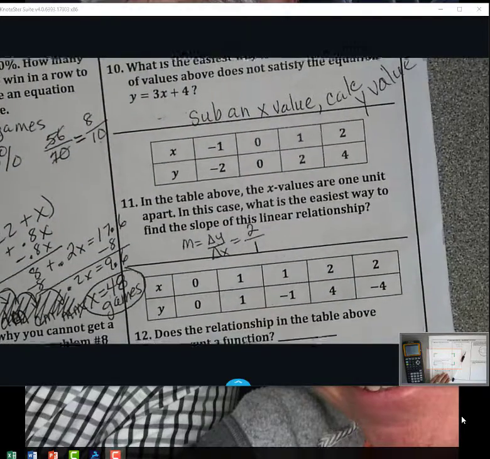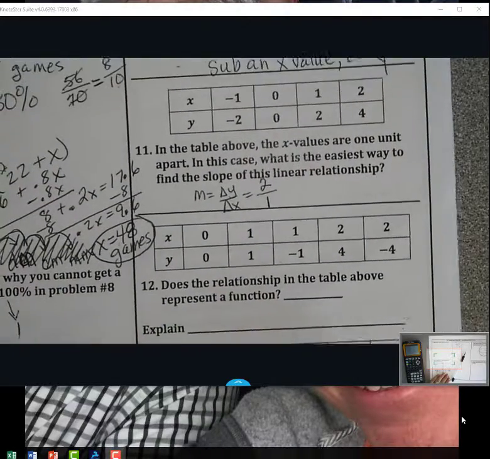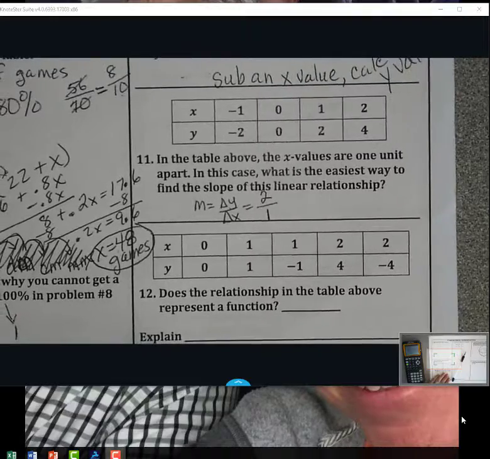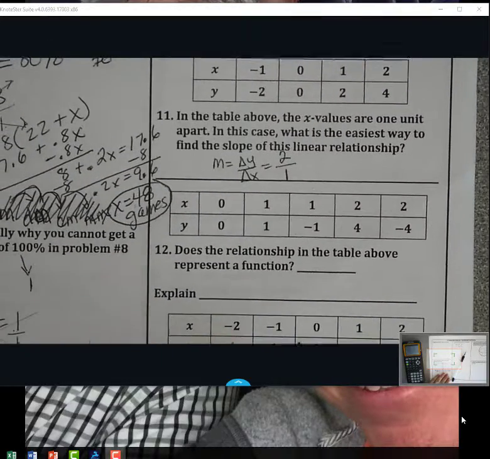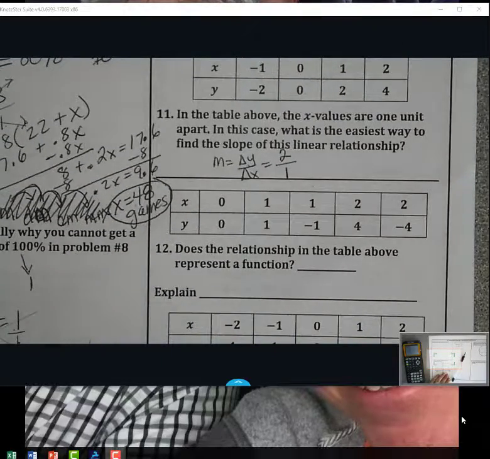Does the relationship in the table above represent a function? We haven't really talked about functions, but in a function you can only have one output for every one input. Okay, so that means you can only use the input values one time.